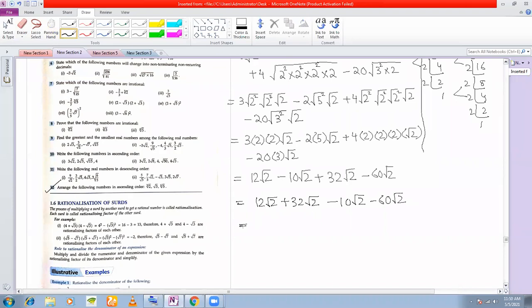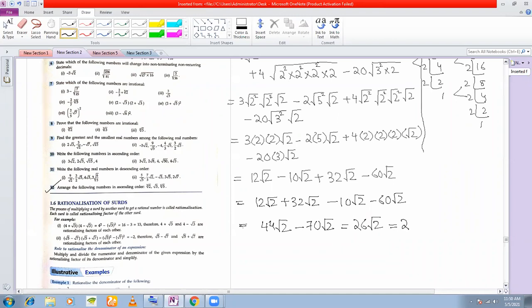You add up the plus signs, you get 44 root 2. And you add up the negative signs, you get 70 root 2. So 44 root 2 minus 70 root 2 is like 44x minus 70x, which is equal to minus 26 root 2, right?